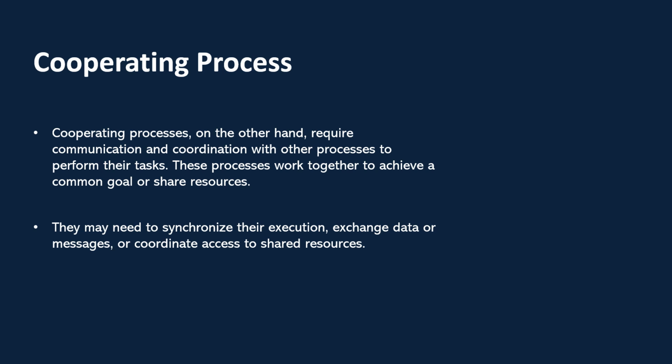They may also need to synchronize their execution, exchange data or messages, or coordinate access to shared resources. As they share data and work together to perform a task or achieve a goal, there is a need for synchronization in these cooperating processes.